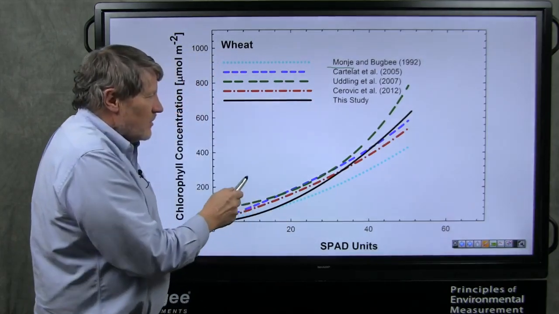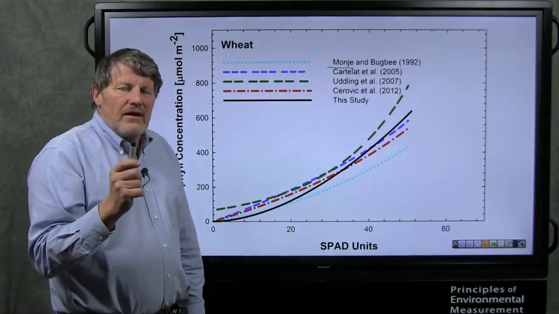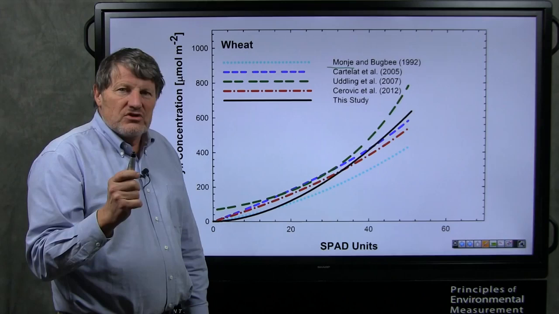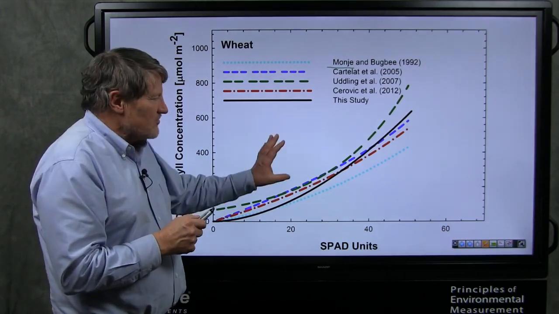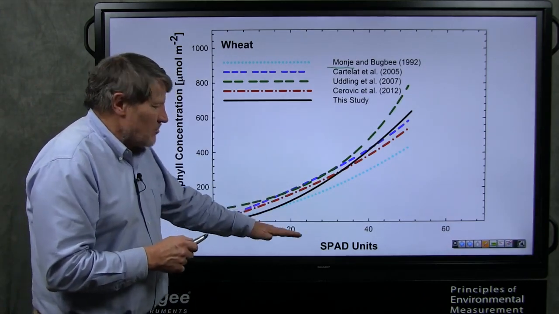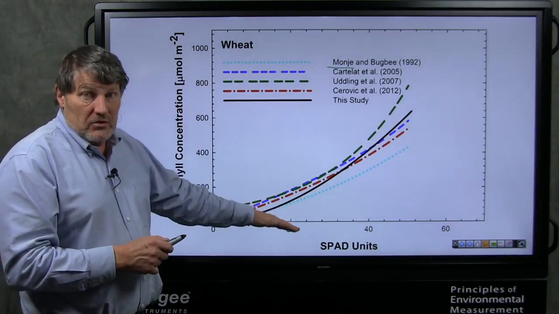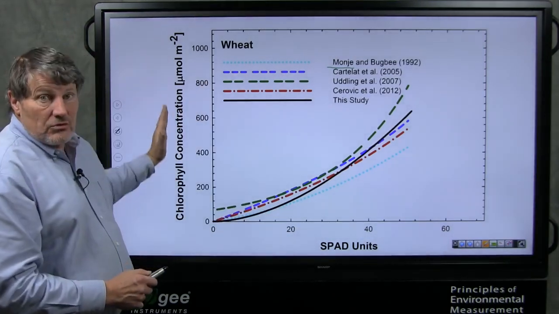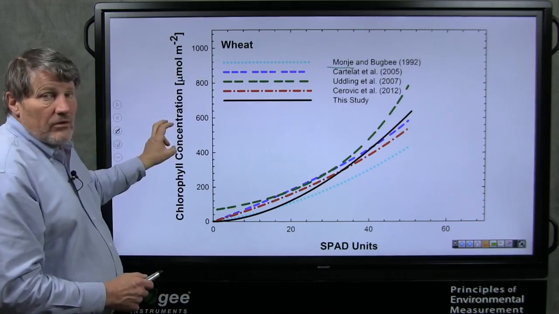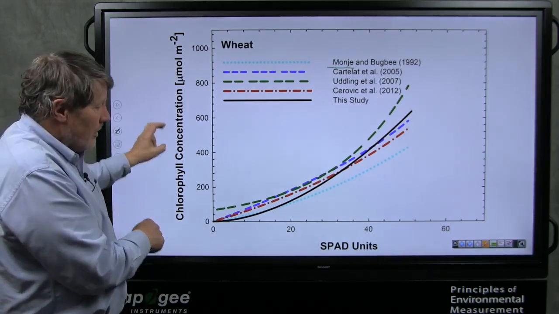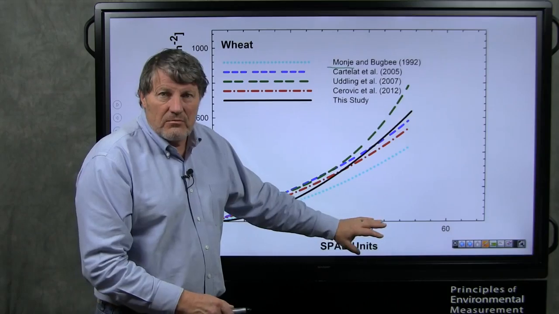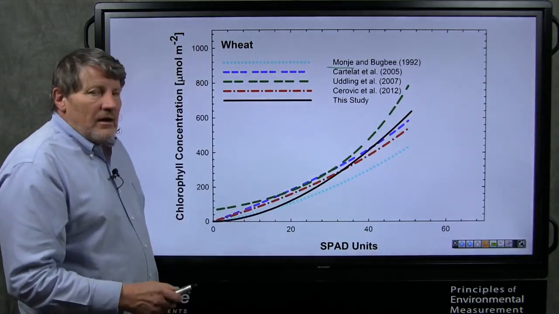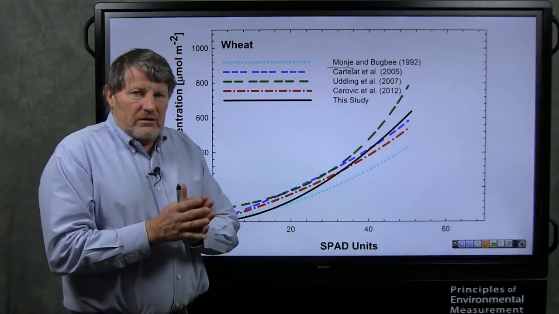We went back and looked at these studies, and not one of them used the exact right combination of techniques to accurately convert an optical measurement to an absolute measurement. This is always the absolute measurement here, chlorophyll, which is always what we want to know. This unit down here is what the meter gives us. You have to get several things right to do this.